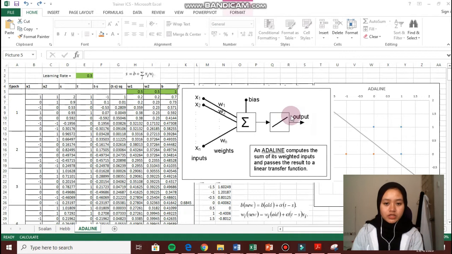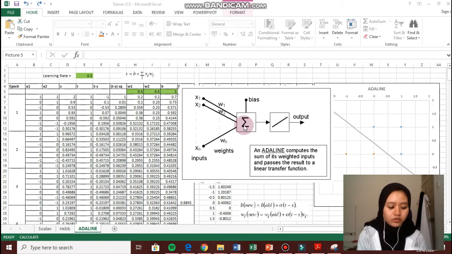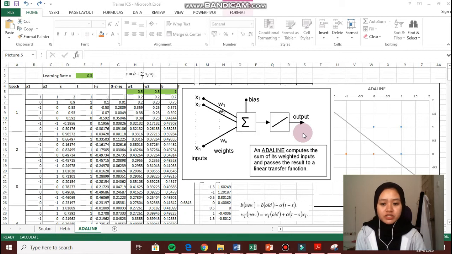It usually has feedback, also called error, which will be fed back to its input. Adaline also computes the sum of its weighted inputs and passes the result through a linear transfer function.